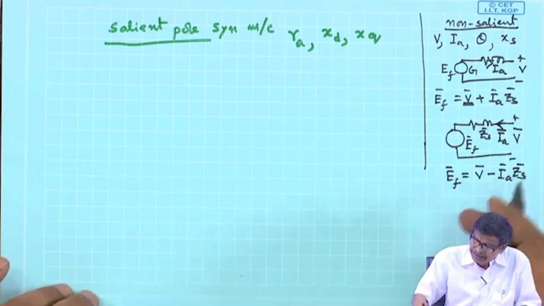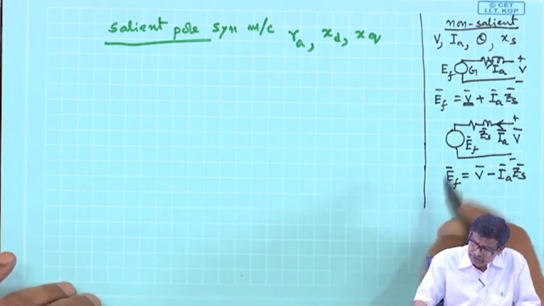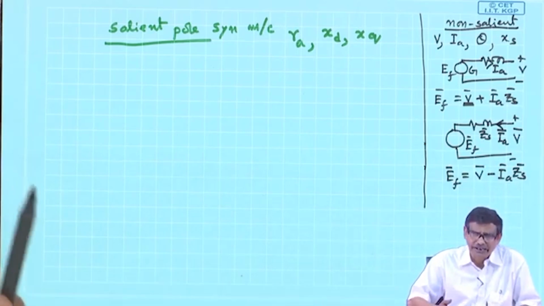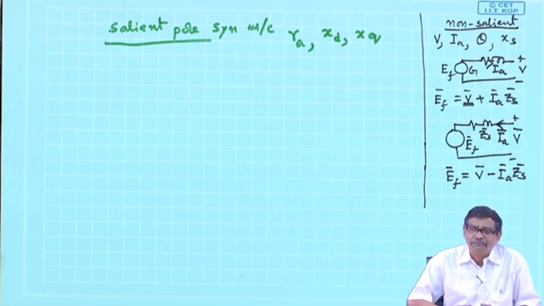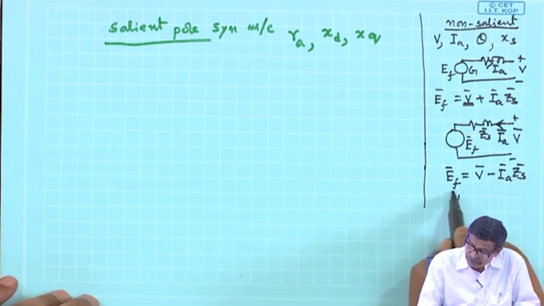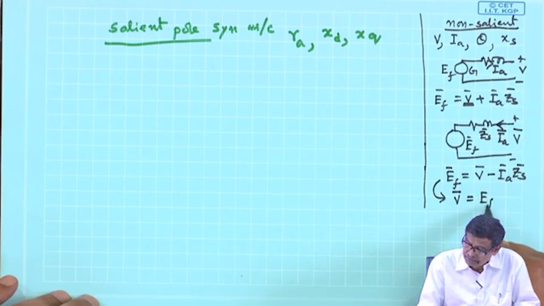Last time also perhaps I told you that addition of vectors is much easier. I mean, human beings love to add rather than to subtract. So, the same equation can be written as V is equal to Ef plus Ia Zs.